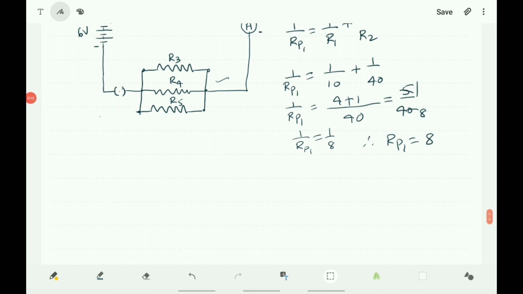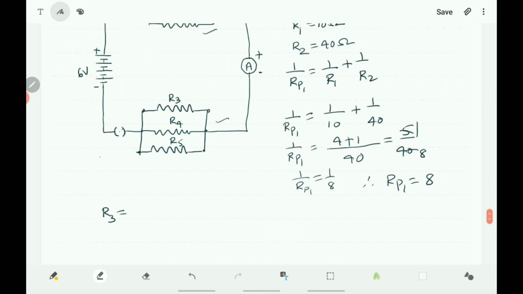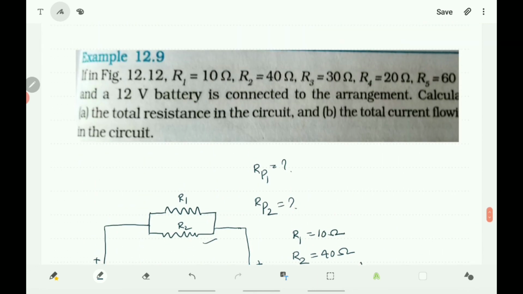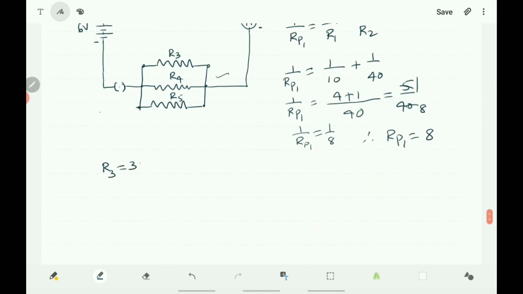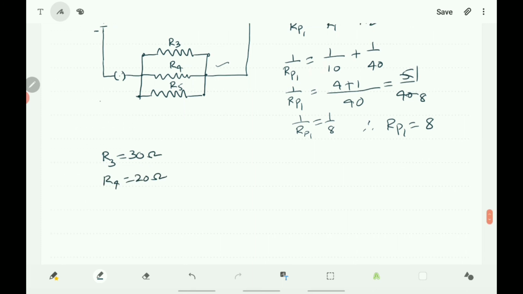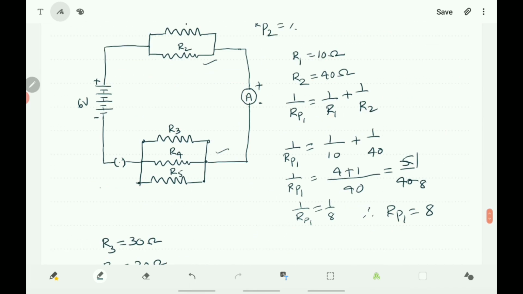Now the second set of combination, that is Rp2. To find Rp2, R3 is 30 ohm, R4 is 20 ohm, and R5 is 60 ohm.